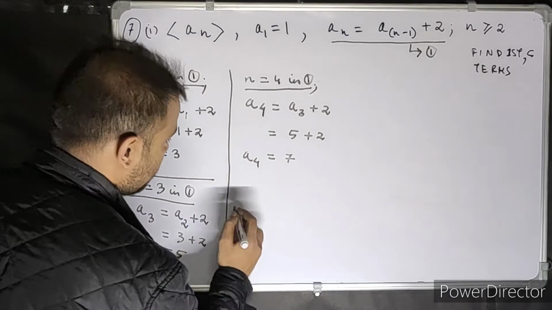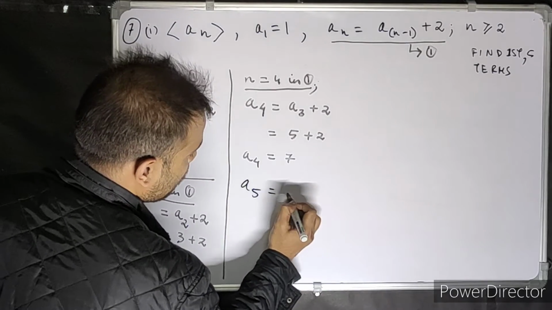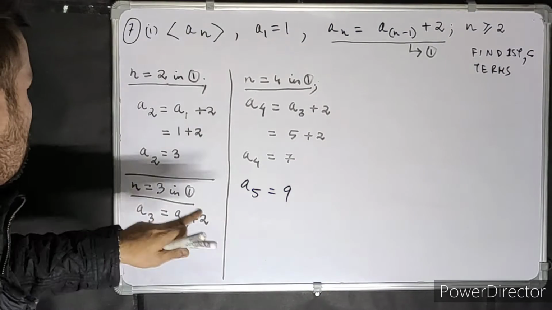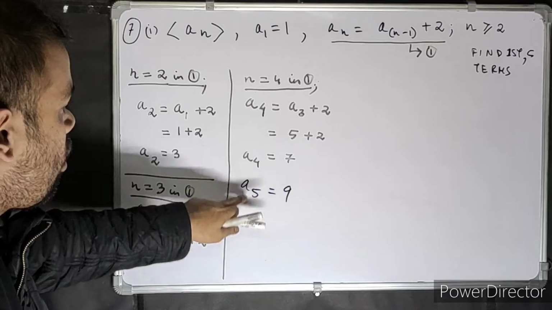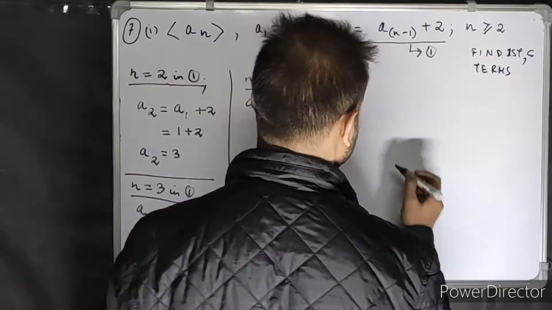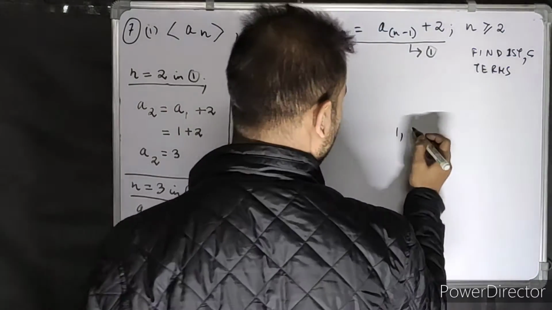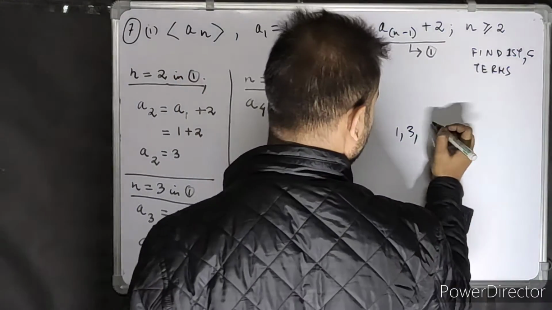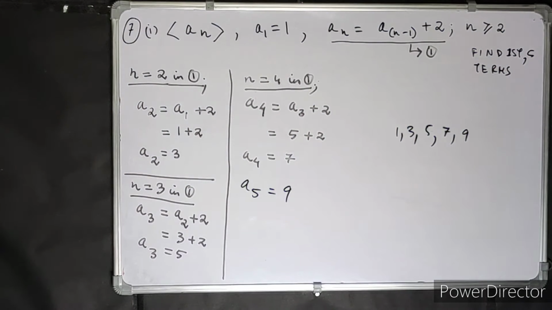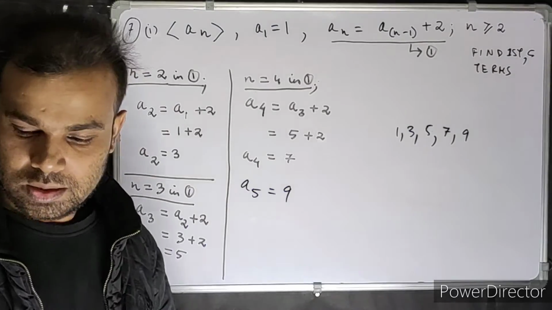I'm writing the fifth term. A5 is equal to 9. So we have got 1, 2, 3, 4, and this is the fifth term. You can write like this: 1 comma 3 comma 5 comma 7 comma 9. Let's check the answer. 1, 3, 5, 7, 9. Correct answer. 7 part 1 is correct.